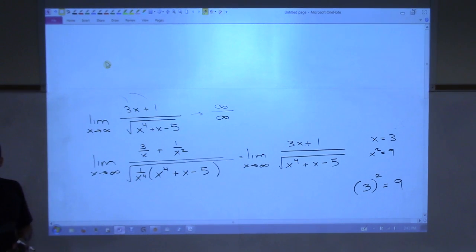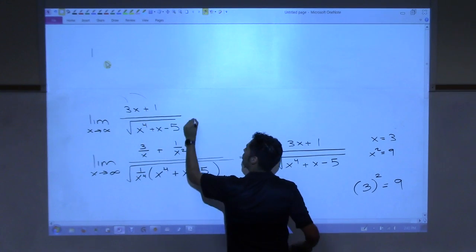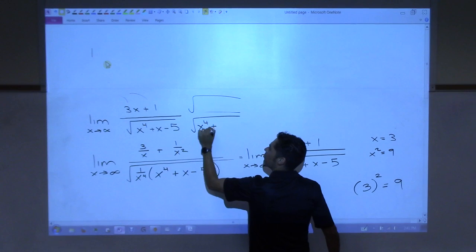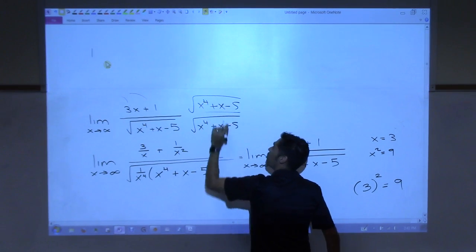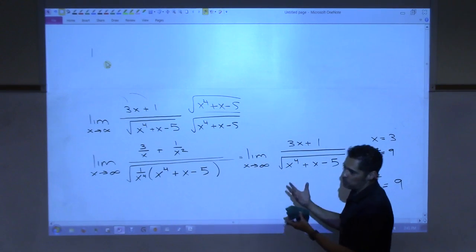But you could multiply it by that same thing, like the square root of x to the 4th plus x minus 5 over the same thing. Yes, you could do this on the top and the bottom, the exact same thing. Right? Is that what you're saying? You could, that algebraically is okay. The problem is that's not going to save you in this problem.